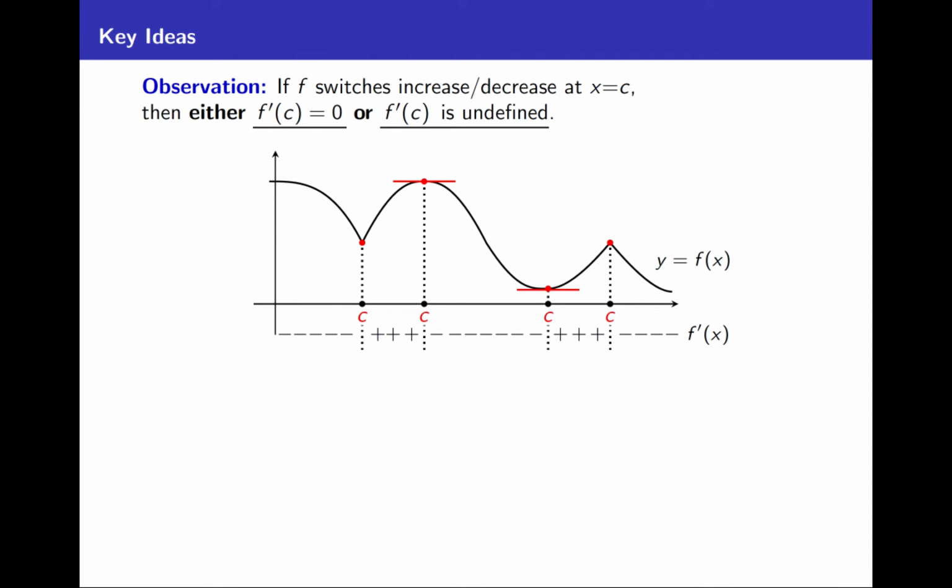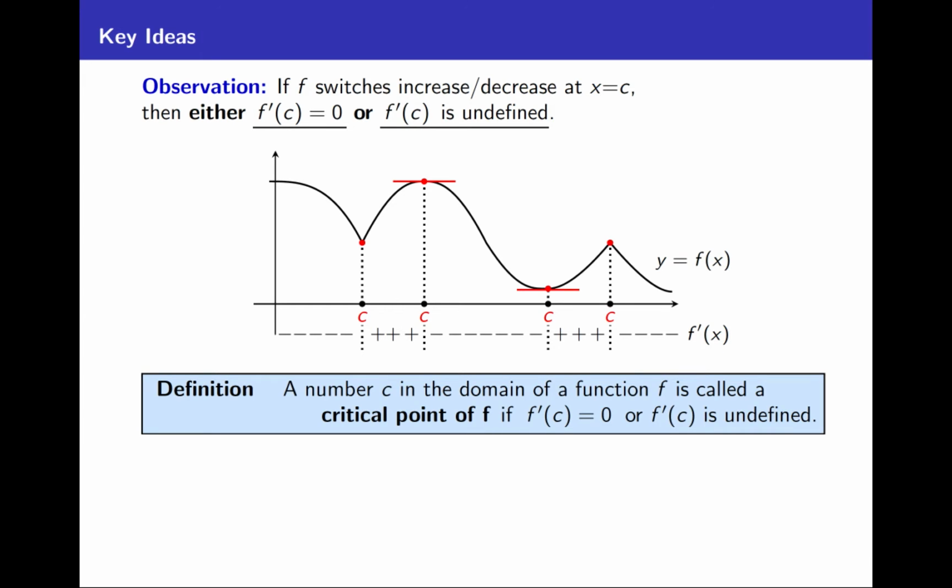You can see from this picture that these numbers c, for which f prime of c equals 0 or f prime of c is undefined, are really special. And we give them a special name. A number c in the domain of a function f is called a critical point of f if either f prime of c equals 0 or f prime of c is undefined.